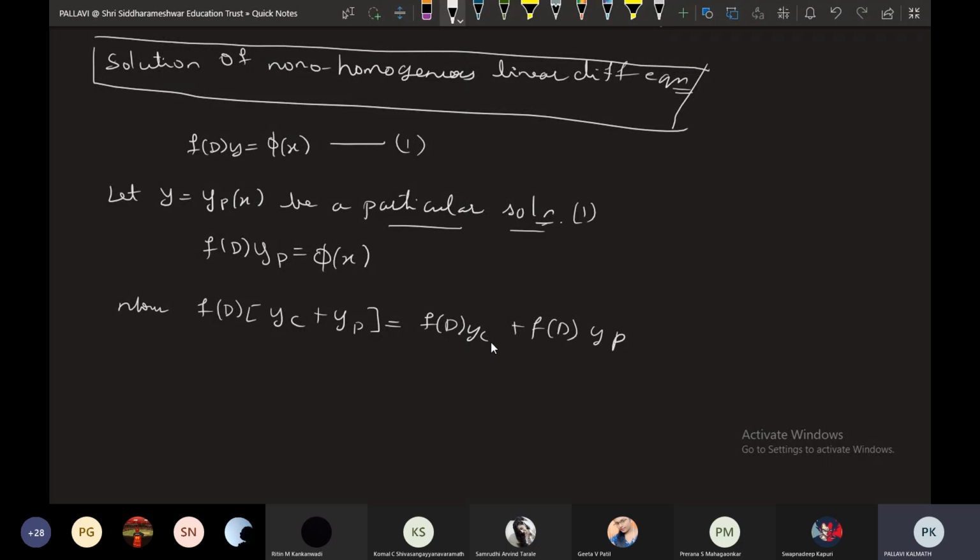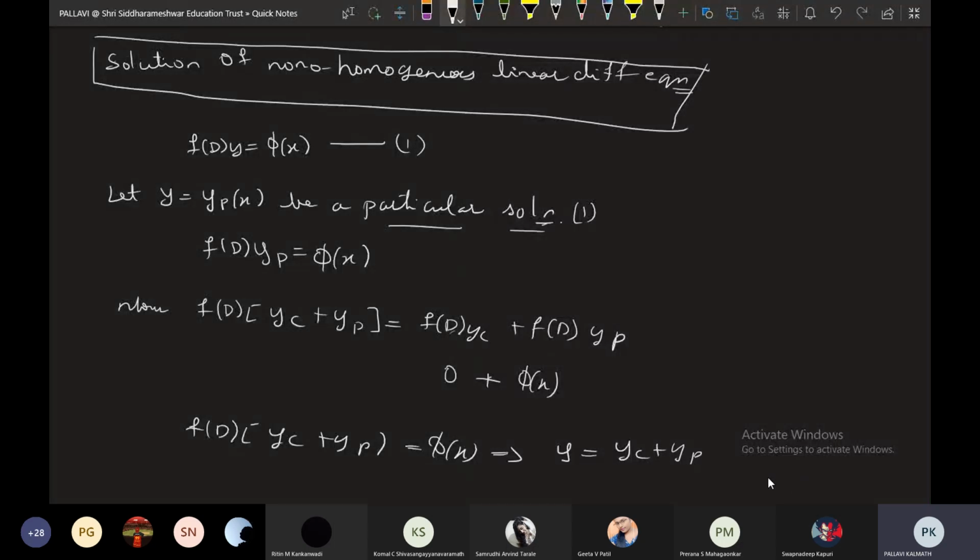Now f of D into yc equals 0, because it is the complementary function, plus f of D into yp equals phi of x. Therefore f of D into (yc plus yp) equals phi of x, which implies y equals yc plus yp.